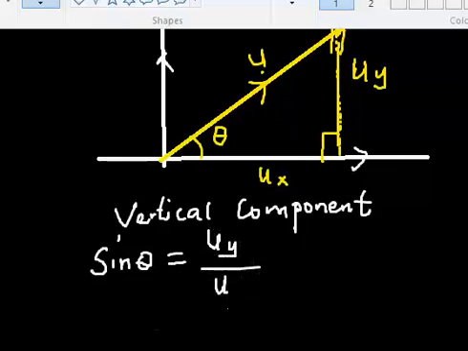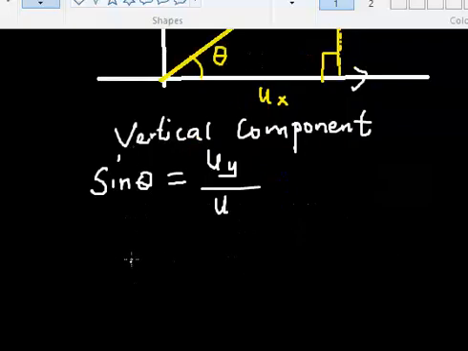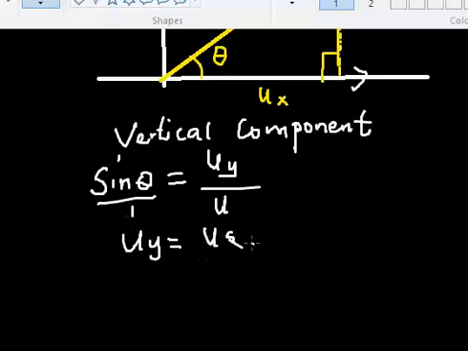If I cross multiply, I simply have that the vertical component of u, which is uy, is u sine theta.